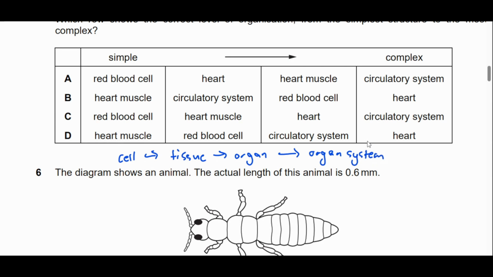Okay, so which row matches this order? So which is cell first? So it's red blood cell, right? So B and D is wrong. So first it has to be A or C, followed by tissue. So compared to heart and heart muscle, the heart muscle is a tissue, right? Therefore the answer is C.